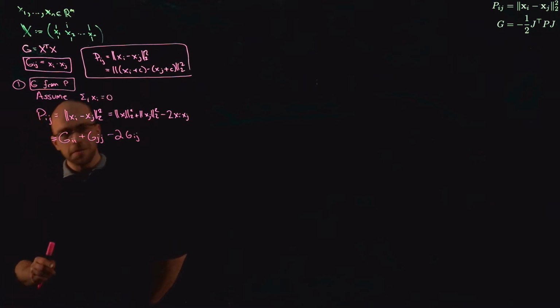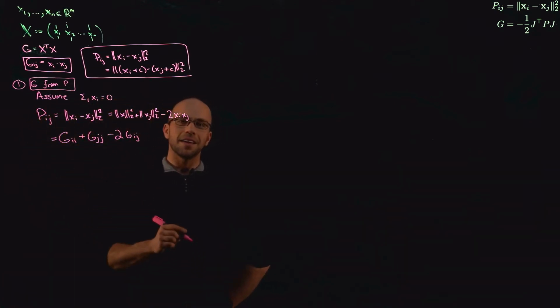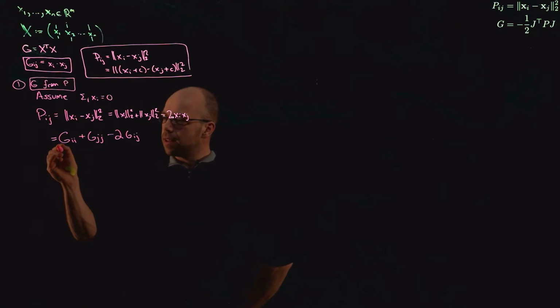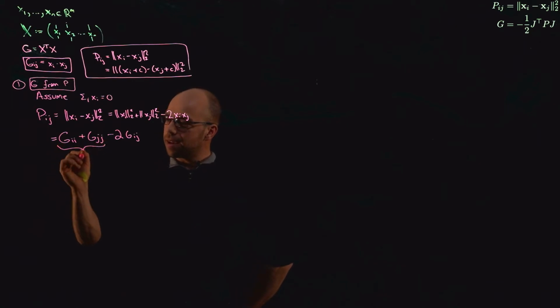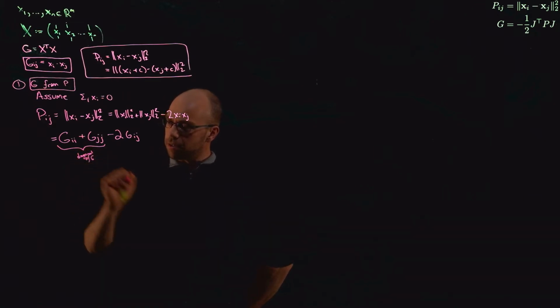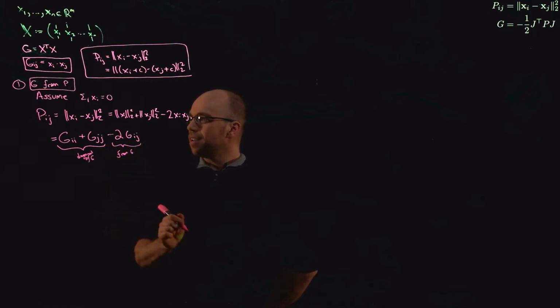Okay, so this is an indexed expression. Let's see if we can write it in slick matrix-vector notation. So in order to do that, let's take a look. These are diagonal elements of the matrix G, and then this is just from G itself, right? So what do we see?